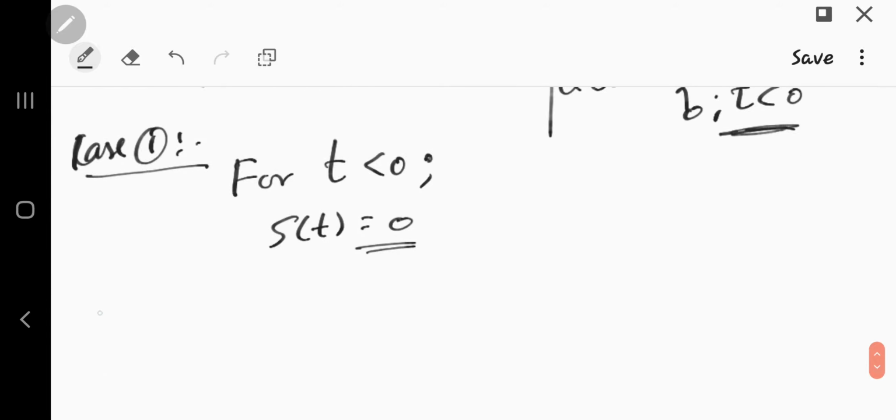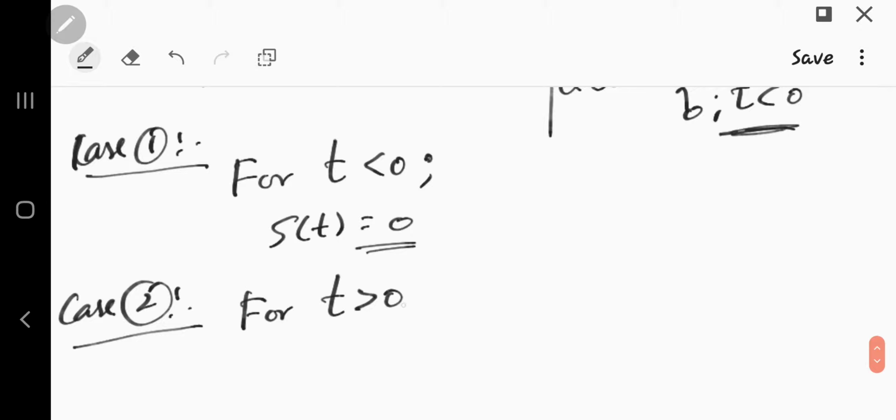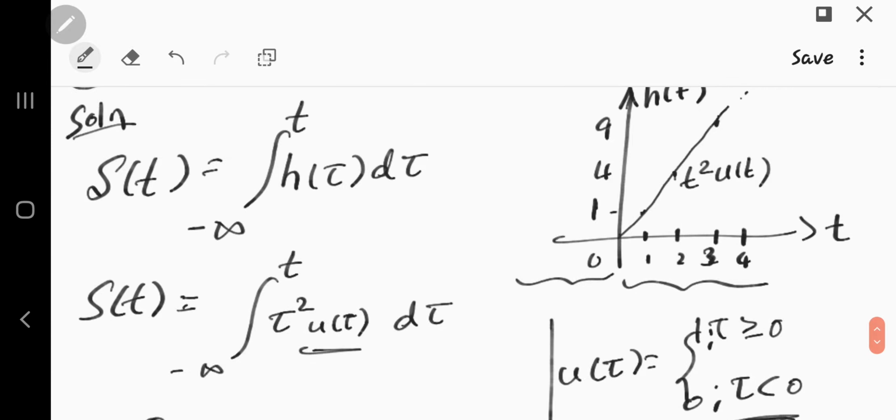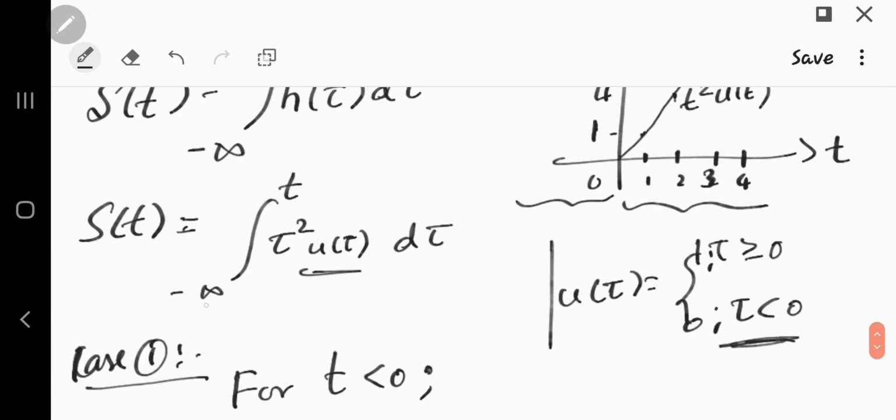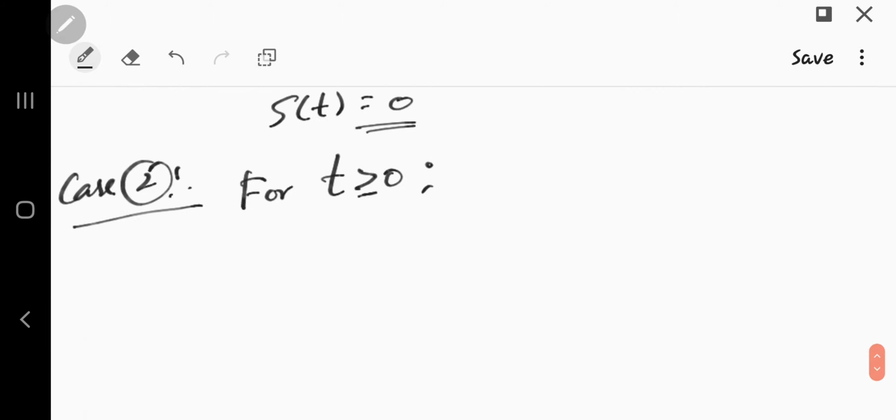Now for values of t greater than or equal to 0, from minus infinity to 0 everything is 0, so the limit changes from 0 to t here. So t can take any positive value. That's why greater than or equal to 0.